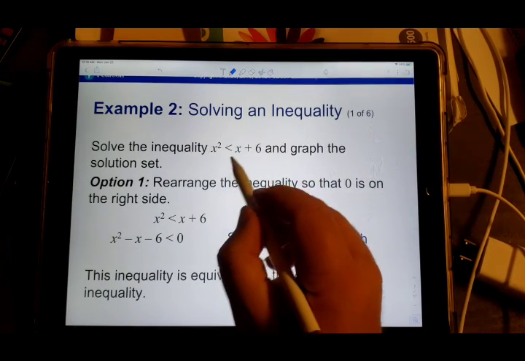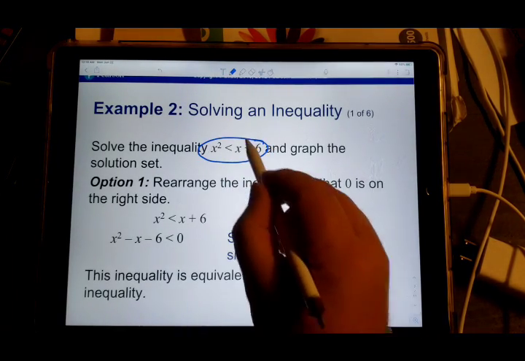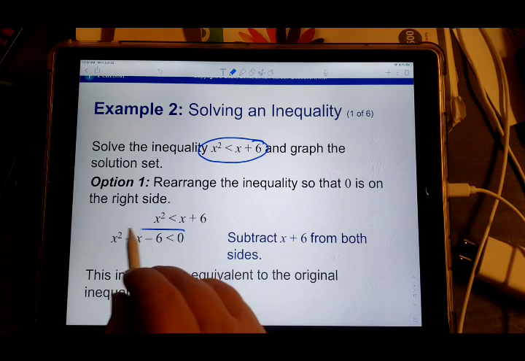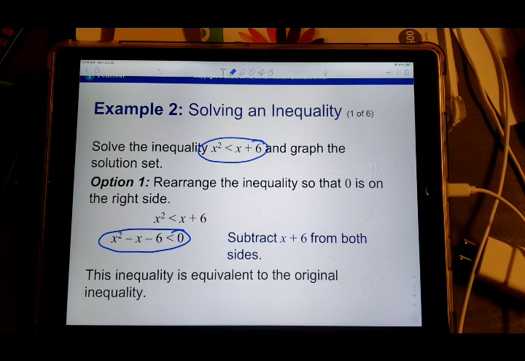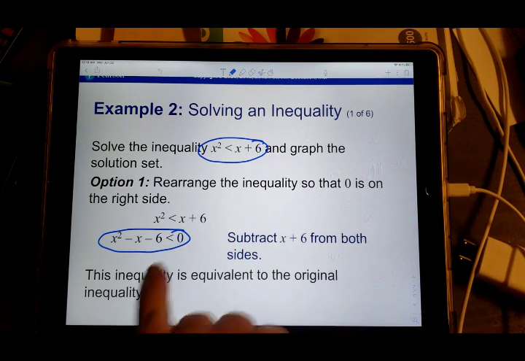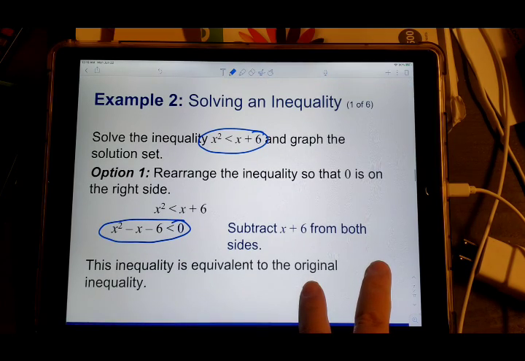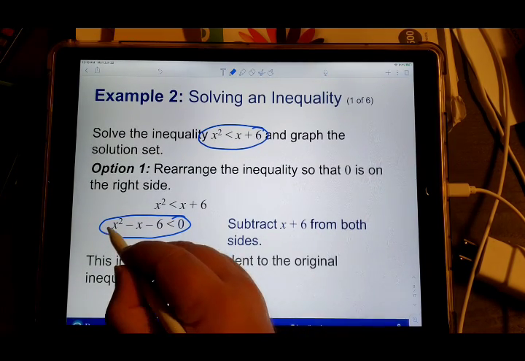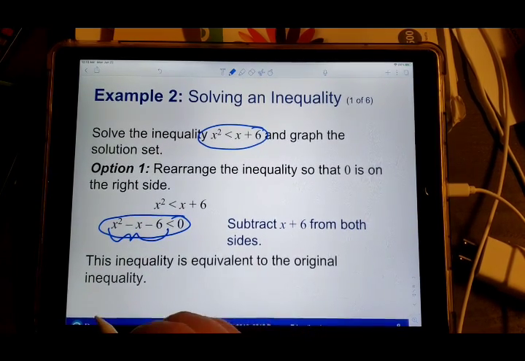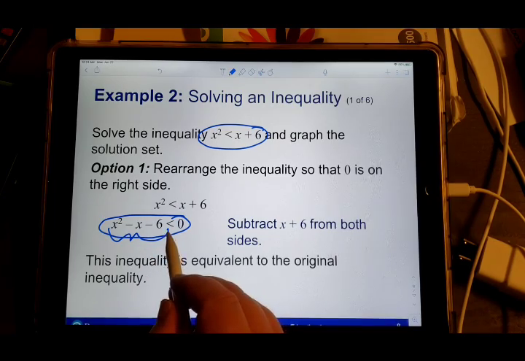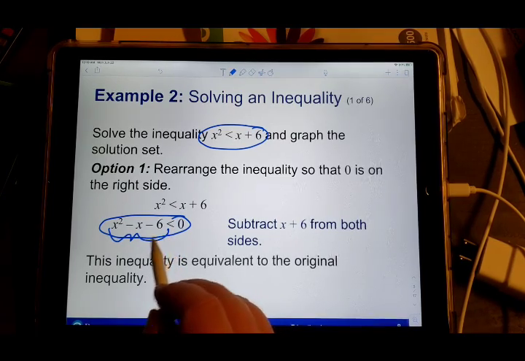They tried it again. Here's an inequality. We can put the inequality in standard form. If we call this f of x and graph it, we're looking for when the function is below the x-axis.